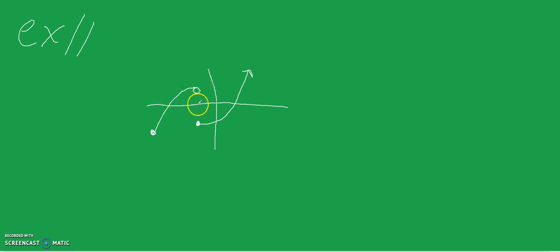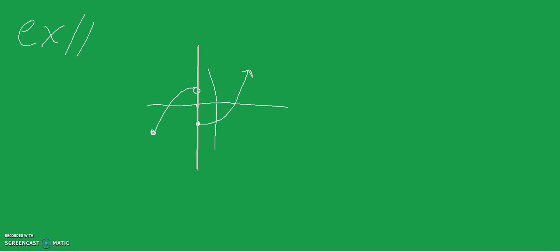These x values here are going to be the same. That's what I'm trying to get at. Okay, so let's take my vertical line and start moving it through the graph. We're good, good, good, until we get to here.